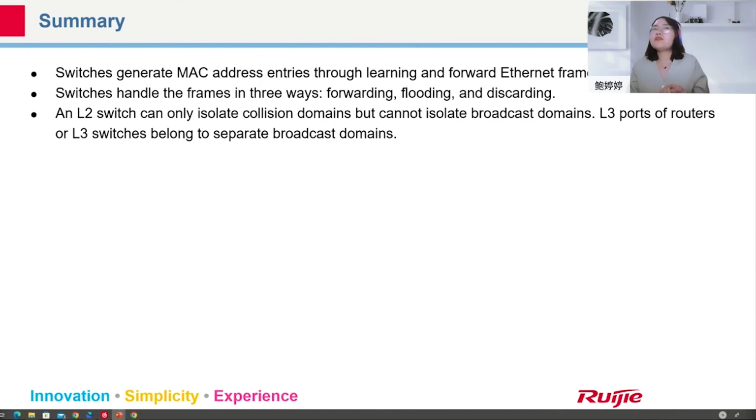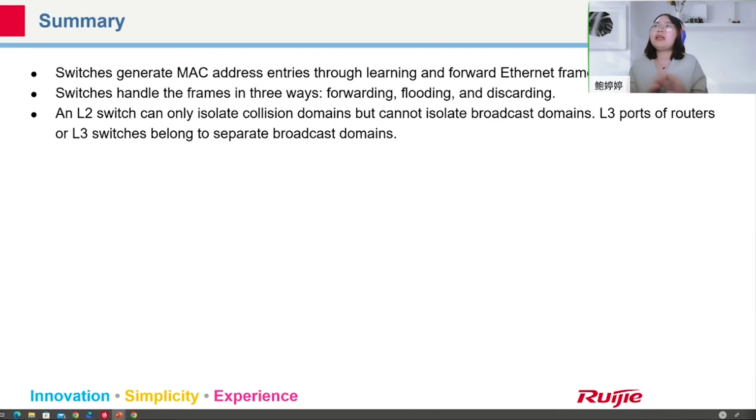Later, a layer 2 switch can only isolate the collision domain, but cannot isolate the broadcast domain. That means if we send out a broadcast message in a layer 2 switch, all the links and all the devices will receive this broadcast message.